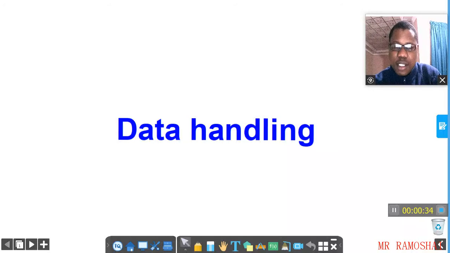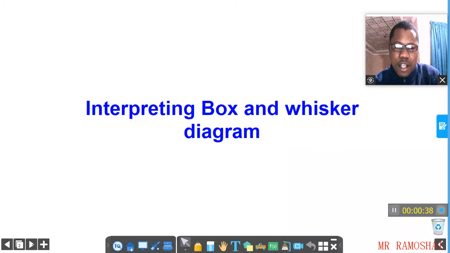So we're going to be interpreting our box and whisker diagram, right? I won't be showing you how to draw it, but I will only show how to interpret it, right?